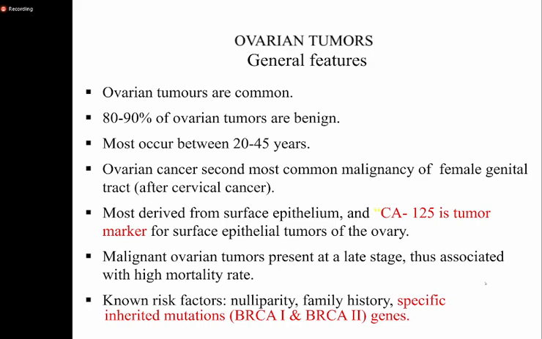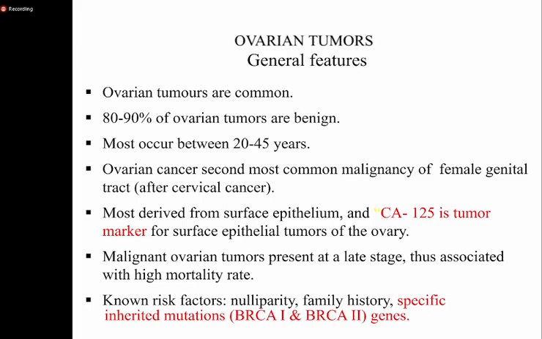It's not going away. Okay. So generally, ovarian tumors have certain things in common in terms of presentation. They are common. Fortunately, the majority, up to 90% of ovarian tumors, are benign, and most occur in fairly young women, 20 to 45 years.